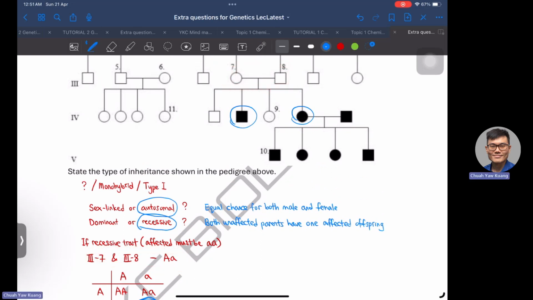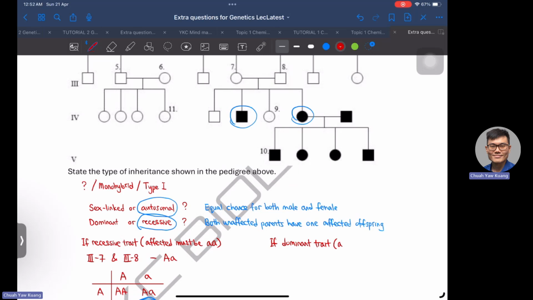But if you say it is a dominant trait, then that will mean what?